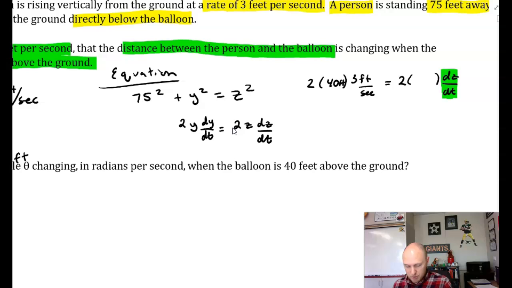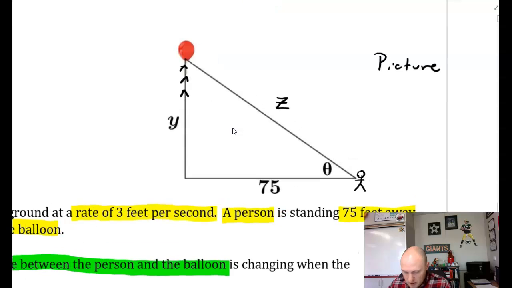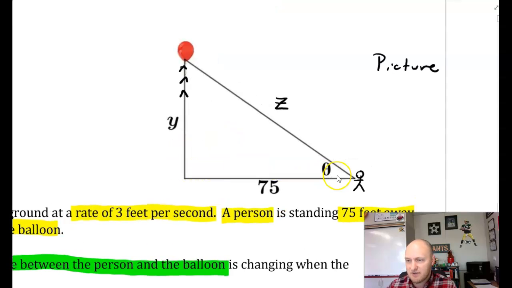So I've reached a point where I need to go back and solve for z. How do we do this? Going back to our image up here, I know that the distance of this side length is 75. At this moment in time, I'm calculating when y is equal to 40 feet. So if I have 2 side lengths, I can find z.